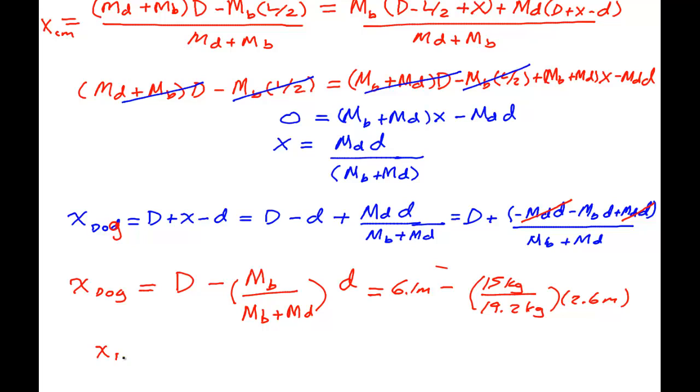So the distance to the shore, we'll need a calculator to punch this up. Pull out our calculator: 15 divided by 19.2 times 2.6 times -1 plus 6.1, and we get 4.07 meters.